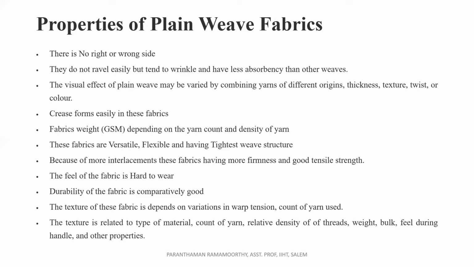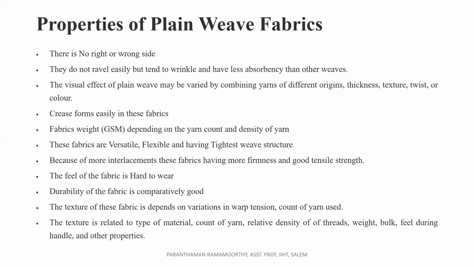The properties of plain weave fabrics. There is no right side and wrong side. They do not drape easily but tend to wrinkle and have less absorbency than other weaves. The visual effect of plain weave may be varied by combining yarns of different origins, thickness, texture, twist, or color.